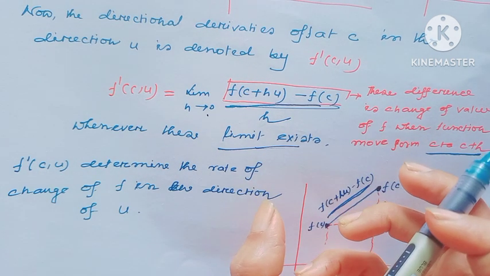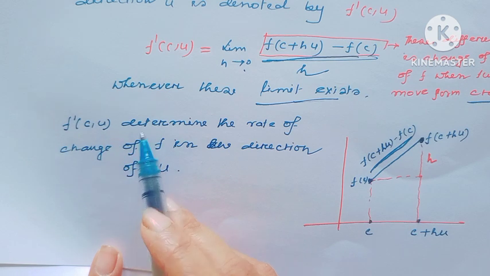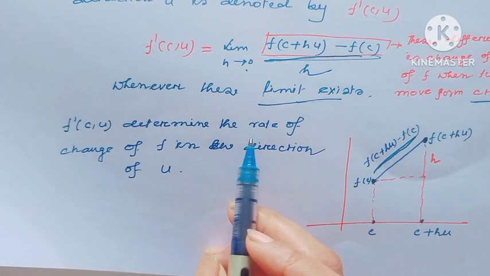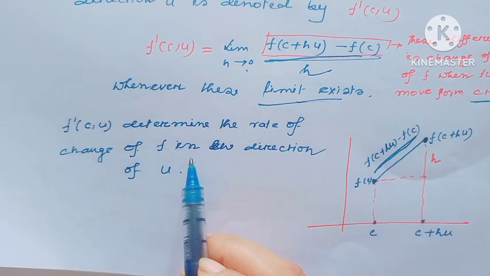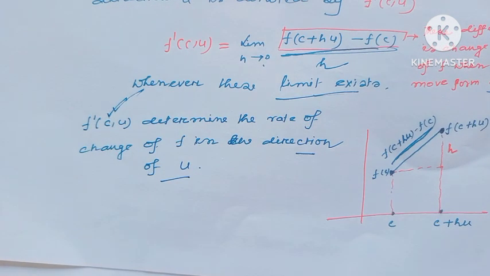Whenever this limit exists, f'(c; u) determines the rate of change of the function in the direction of u at the point c.